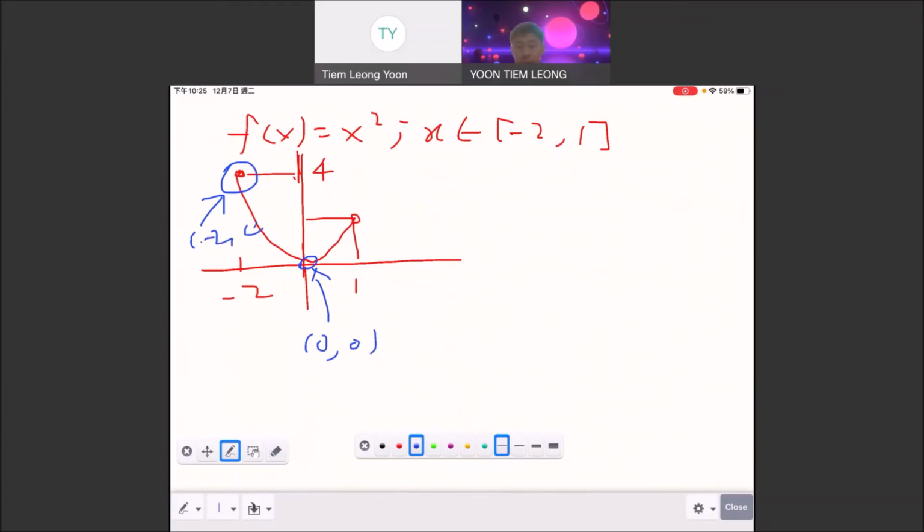So before you do the calculations, this is what you expect in the beginning. Before you do the calculation, you sort of expect an answer.